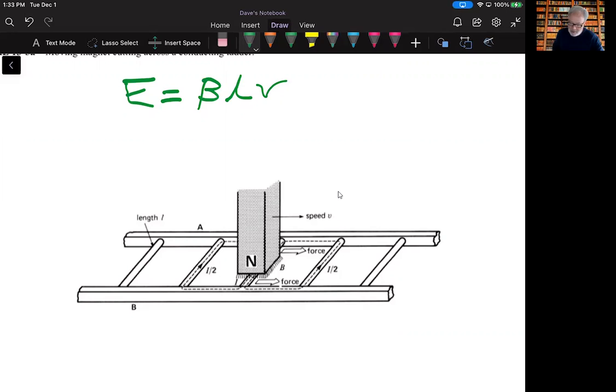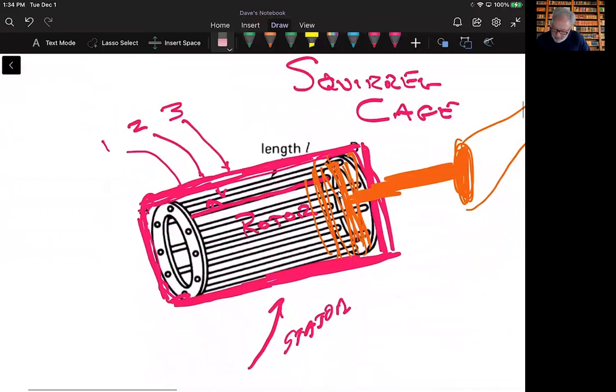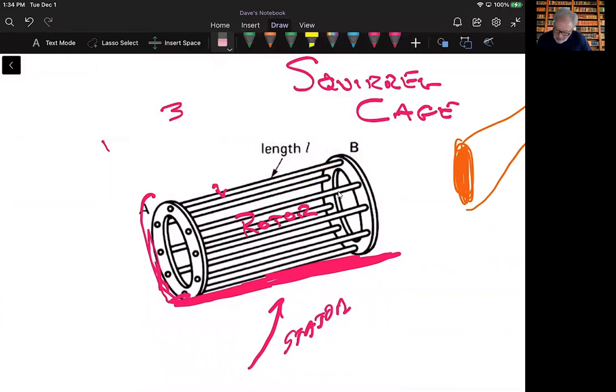I want you to think about this ladder as being the rotor, with the ends rolled in on each other to create a cylinder, actually a squirrel cage looking thing.